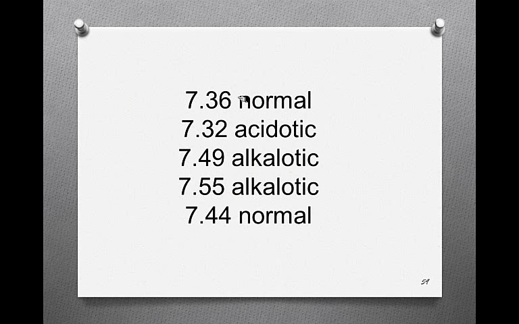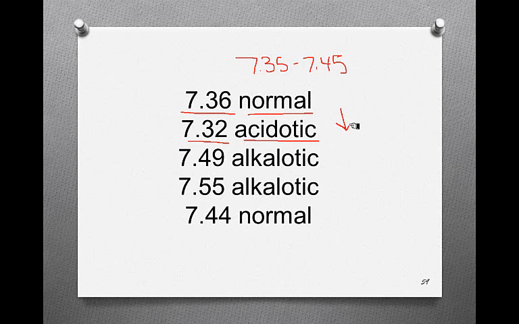Let's take a look at these pHs. You have a pH of 7.36. Is that normal or abnormal? Alkalotic or acidotic? It's normal, because your range is 7.35 to 7.45. It's borderline, but it's normal. We have 7.32, which is acidotic.